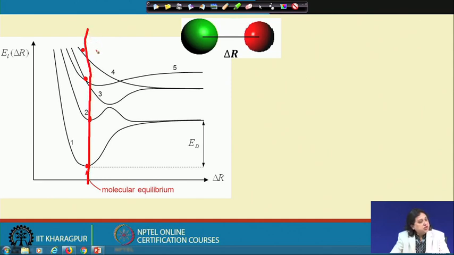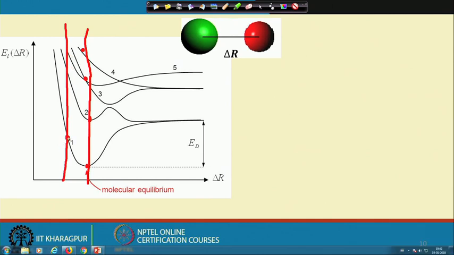Now, if I change geometry, for example, if I come here and draw a vertical line, what are the possible values that we will get by solving the Schrodinger equation by fixing the two atoms here? This would be the lowest energy eigenvalue, this would be the next highest eigenvalue, this would be the next highest eigenvalue.